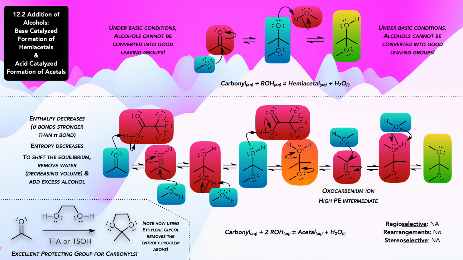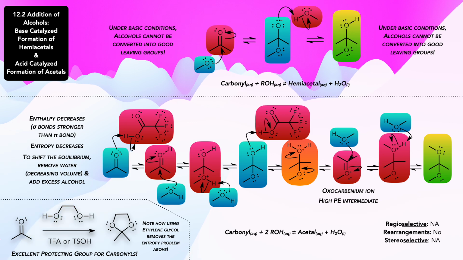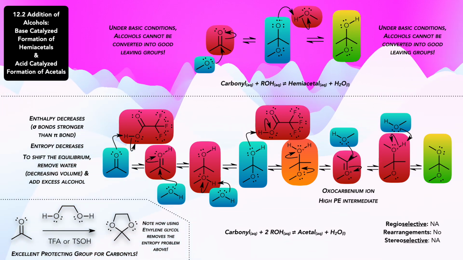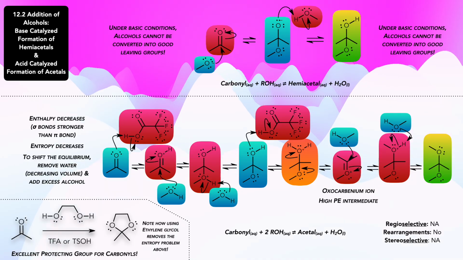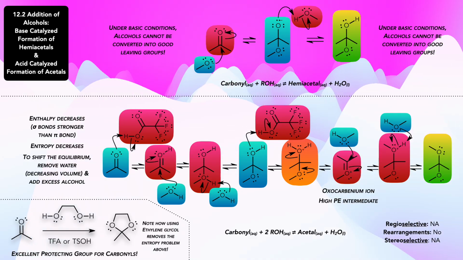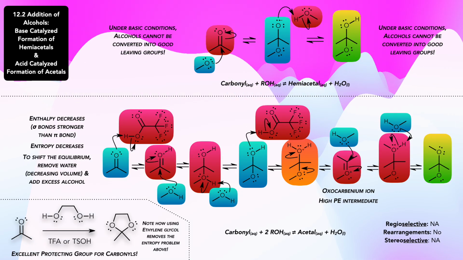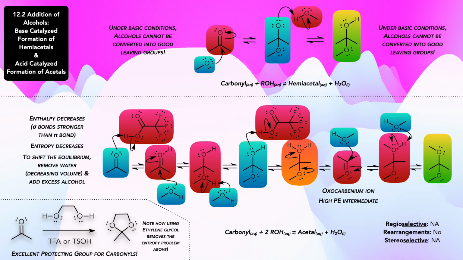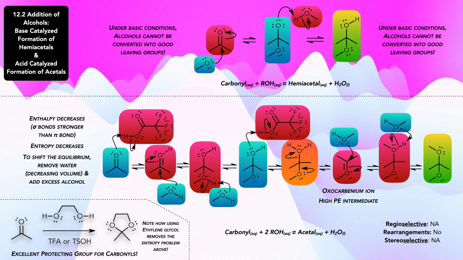However, under acidic conditions, now we can protonate the alcohol. And this creates an excellent leaving group, an oxocarbenium ion intermediate, a high potential energy intermediate. And this is why acetal formation requires the acid.